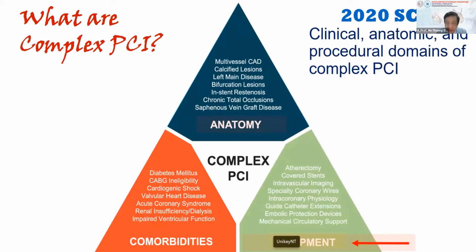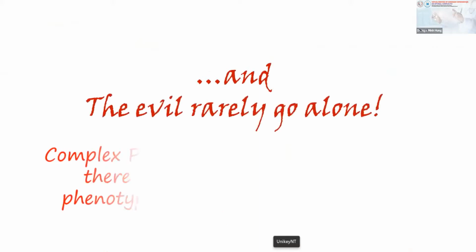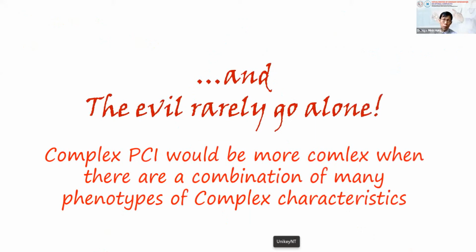And the last is that we must have support from instrument devices, such as atherectomy, such as covered stent, such as IVUS, and so on. And these factors rarely go alone. Complex PCI becomes more complex when there is a combination of many phenotypes of complex characteristics.